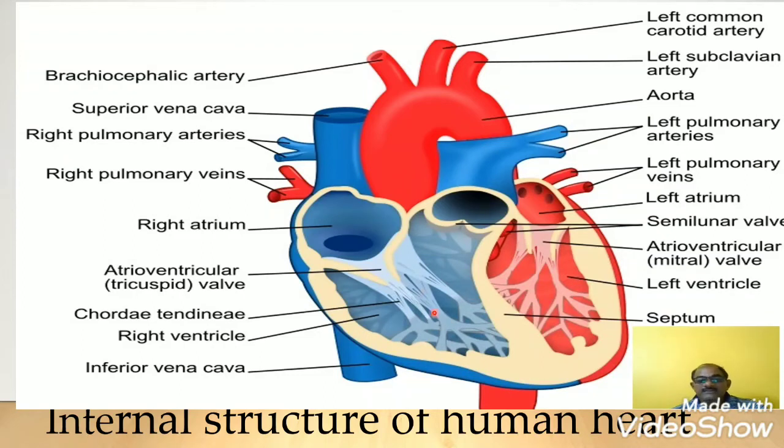Then here the ventricles. The ventricle is divided into two parts, right and left, due to the septum. That septum is called the ventricular septum.